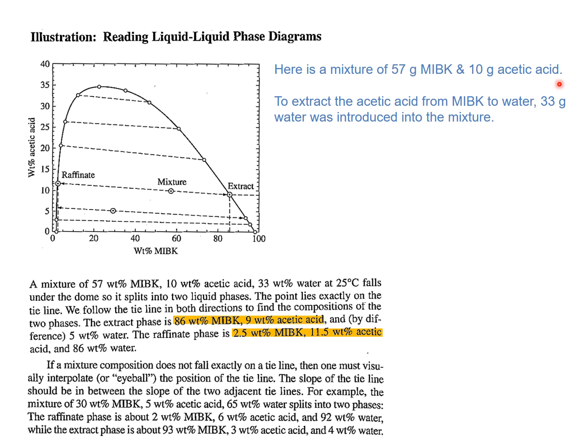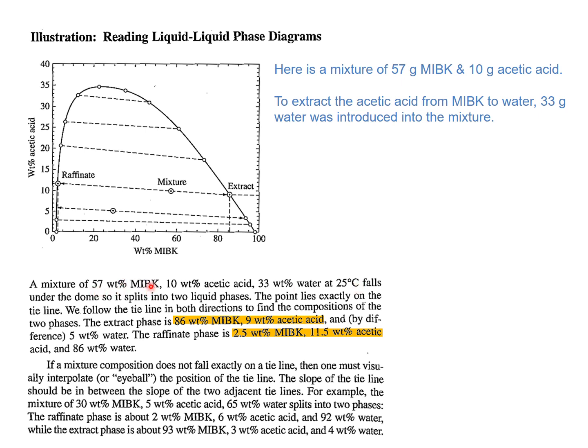I'd like to extract the acetic acid from MIBK, so I have introduced 33 gram water into the mixture. Then some portion of acetic acid moves from the MIBK to the water solvent. Finally, we have obtained a mixture of 57 weight% MIBK, 10 weight% acetic acid, 33 weight% water at 25 Celsius degree. So where is it?